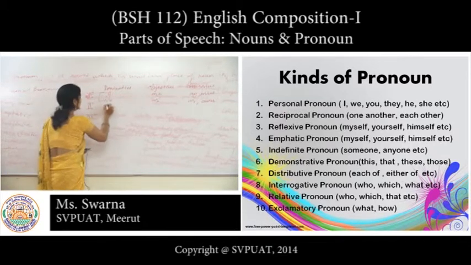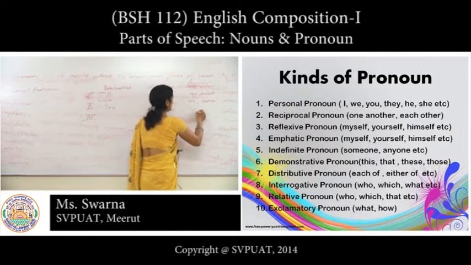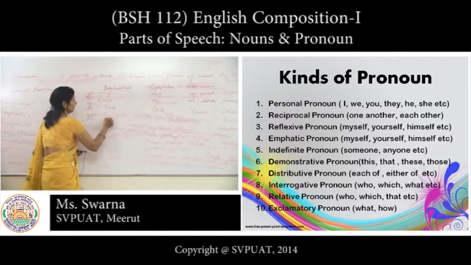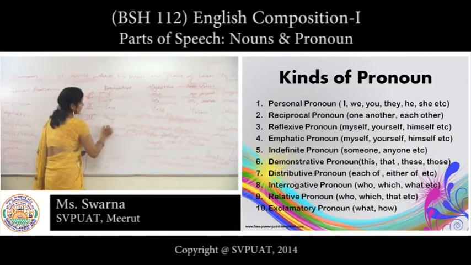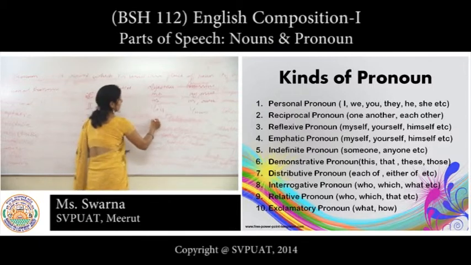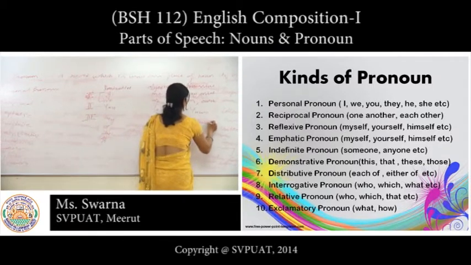Then second person is you. Objective case you and possessive case your. And in third person we use they, he, she, it. The objective case is them, and the possessive case is their.